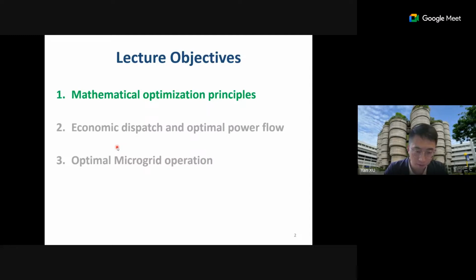In the third part, I will show two examples of microgrids with energy storage operating optimally with power exchange with the main grid. Specifically, I will illustrate a case for the hybrid energy storage system in the microgrid.